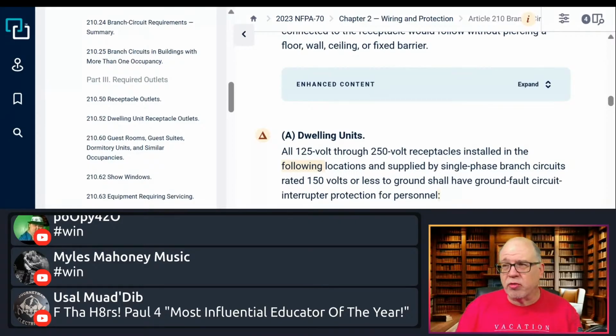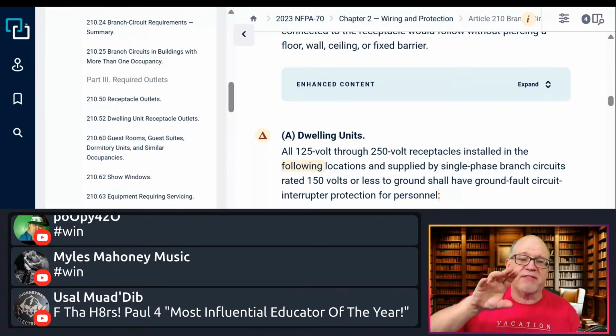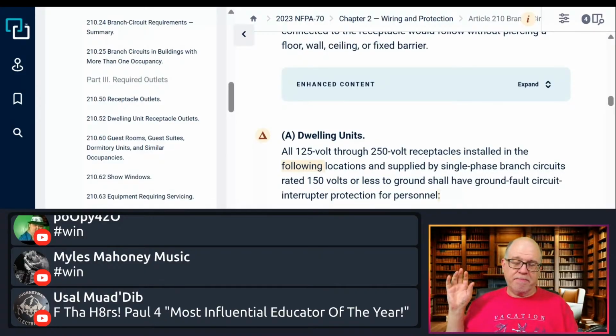So this is typically why in commercial we would do a pigtail for the neutral conductors over to the device, so that we're not dependent on the device. That is one of those scenarios where you would do that.